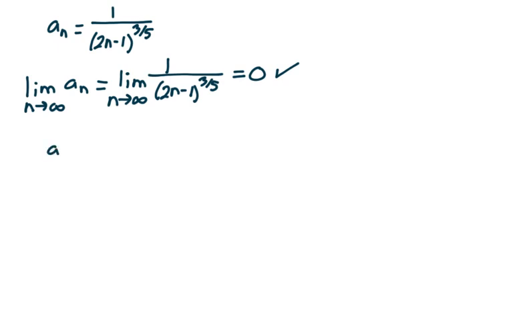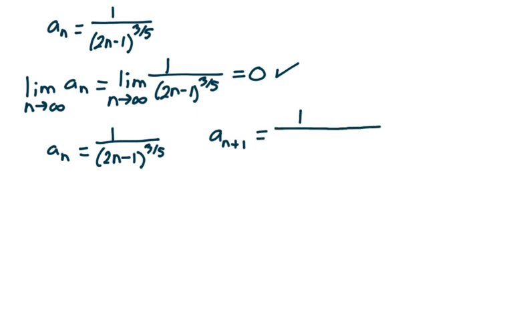Now, a sub n is 1 over 2n minus 1 to the 3/5. Okay? A sub n plus 1, I'm going to replace n with n plus 1.